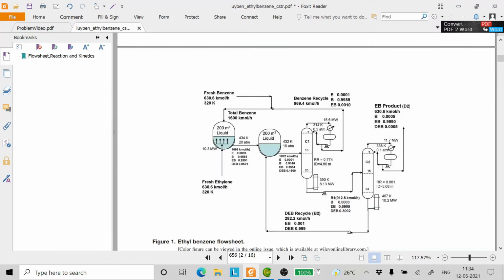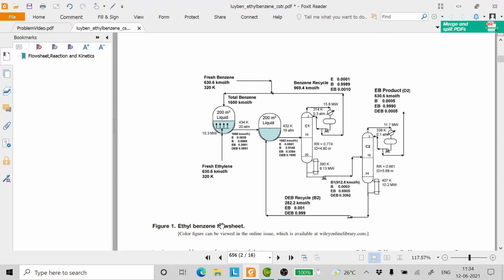This is the flow sheet for production of ethyl benzene. It is produced by reacting ethylene with benzene. Here we have the first CSTR. This is a reactor.